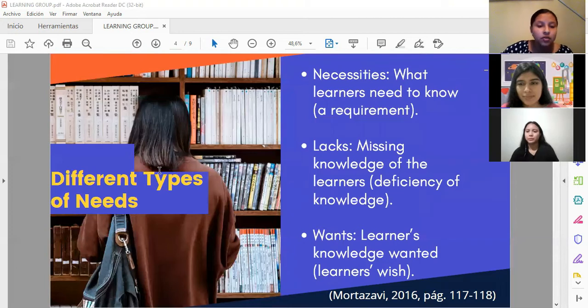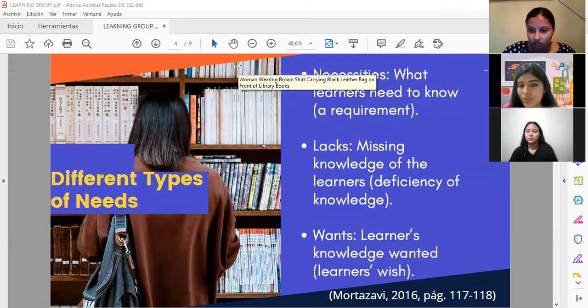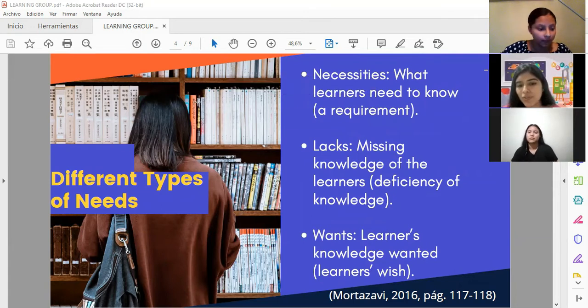Jennifer Rivera, can you read the different types of needs, please? Okay: necessities, what learners need to know, a requirement; lacks, missing knowledge of the learners, deficiency of knowledge; wants, knowledge wanted, learner wish.